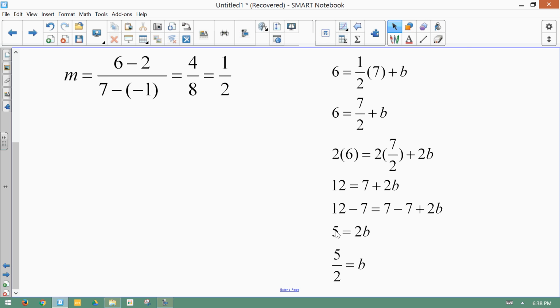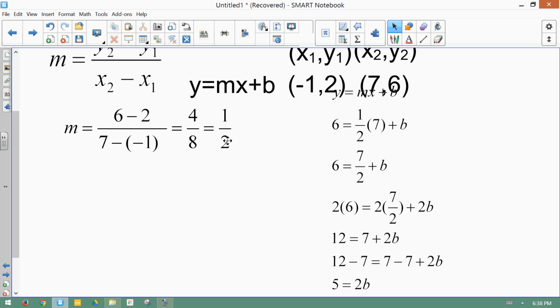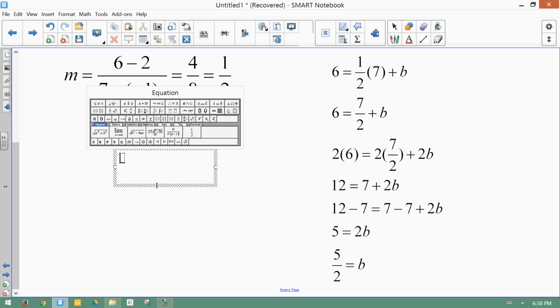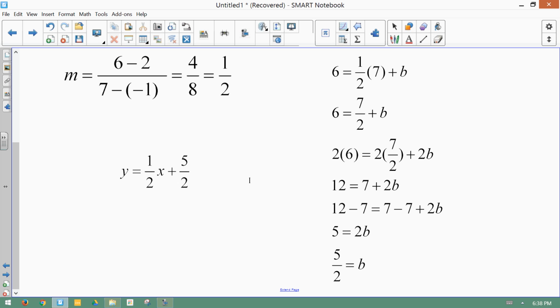All right, so we know the slope is 1/2. We know that b is 5/2, so our equation then is y equals, m is 1/2, x plus 5/2. I'm going to basically just put another 1/2 and change that 1 to a 5. And that should be our answer there.